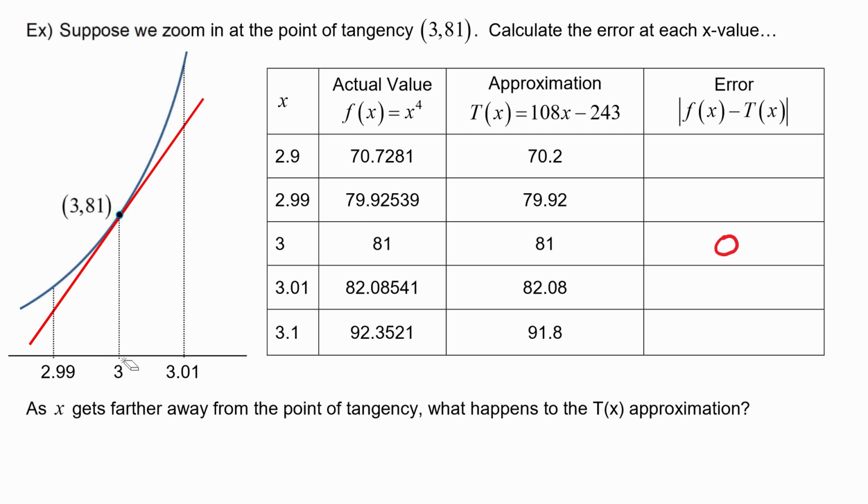And as we go a little farther away, say to 3.01, we see the actual value of the function would be up here, and that's the 82.08541, whereas T of x is giving us an approximation right here with a y value of 82.08.